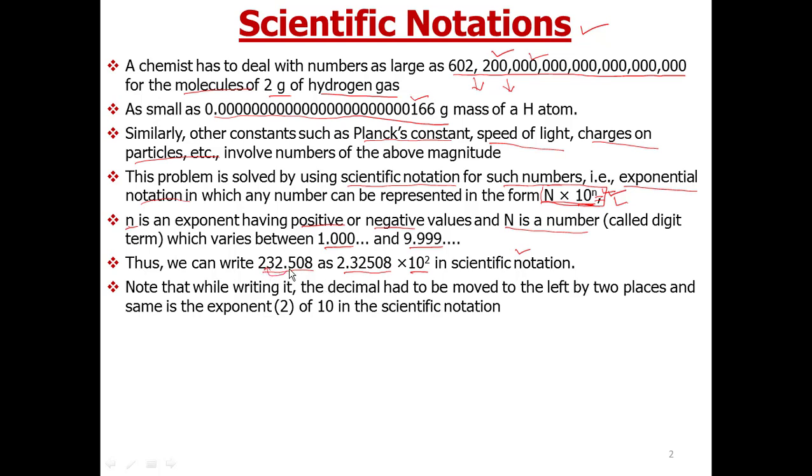When we move the decimal to the left, this is compensated by an exponent of 10. If we move the decimal two places left, we add 10 raised to the power 2. So the number of places the decimal moves determines the value of the exponent. If it moved three places, we would write 10 raised to the power 3.